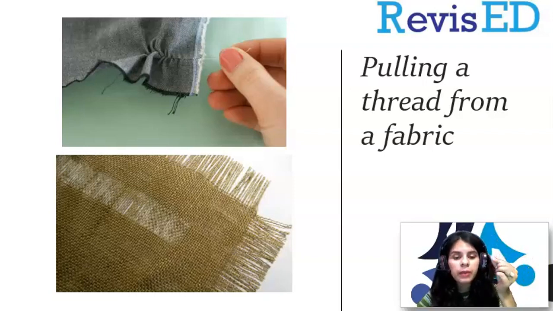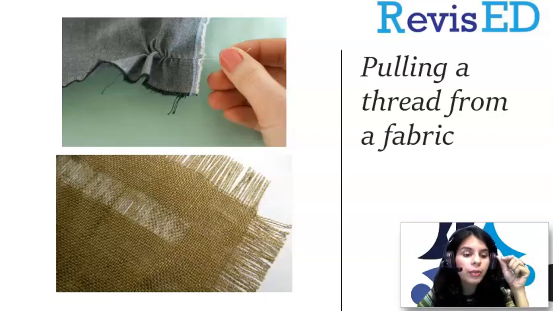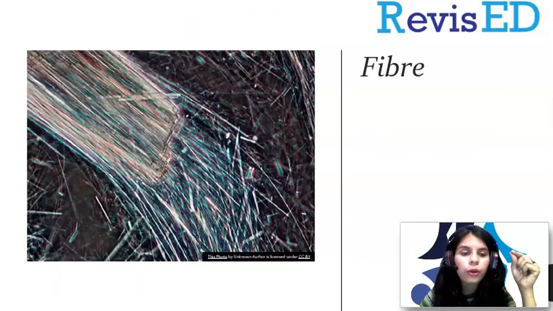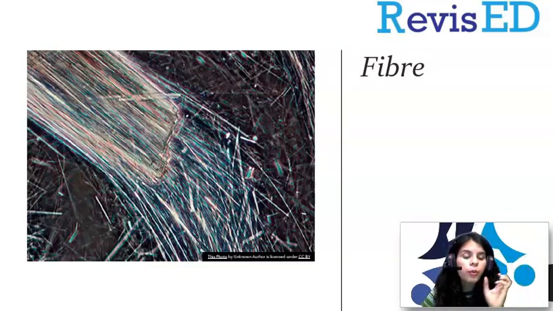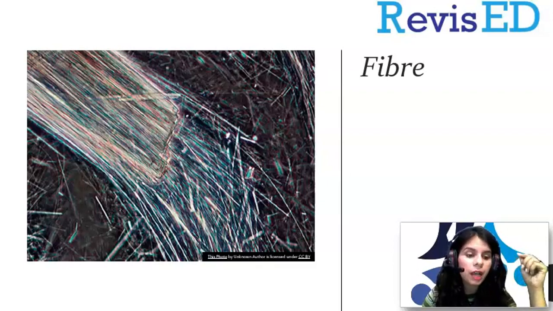But if you split or stretch it, you can see in the end that the yarn is also made up of many thin strands, right? And these thin strands are known as fibers. So basically, yarn is made up of fibers. Many fibers make a yarn.